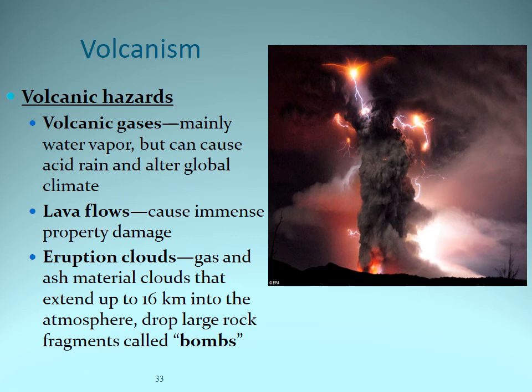Now the eruption clouds can include gas, but most of the time it's ash and soot, and it can travel large distances. These eruption clouds can even carry large rocks and throw these rocks very far away from the original source, and that's why sometimes these large rock fragments are called bombs.